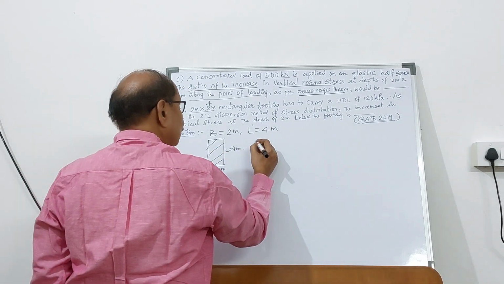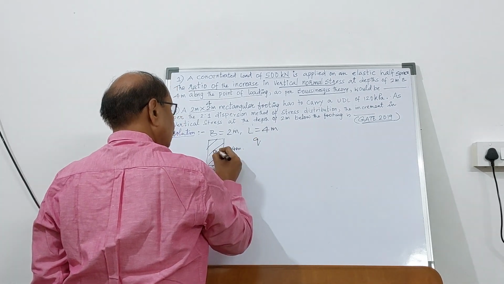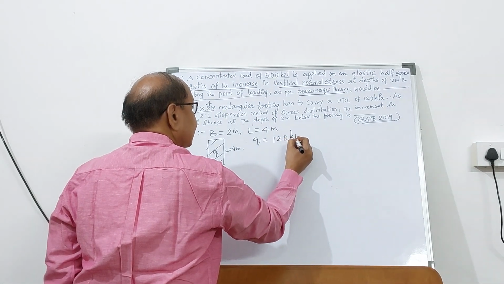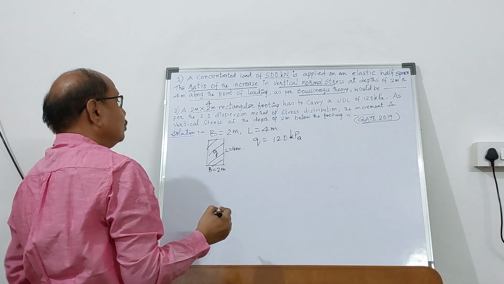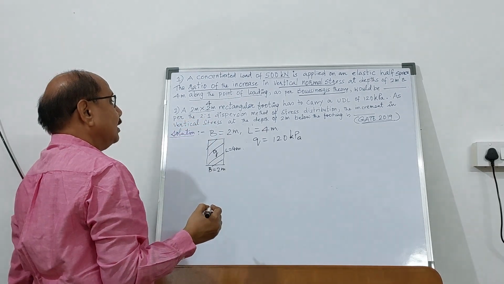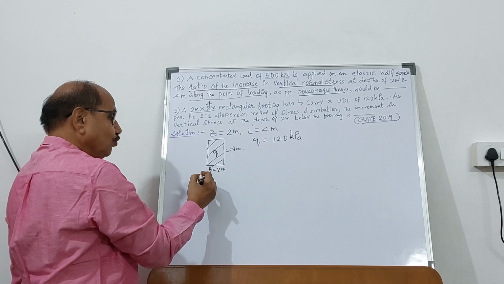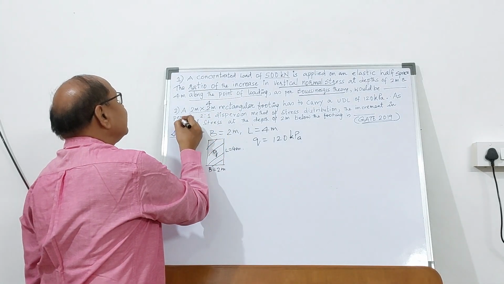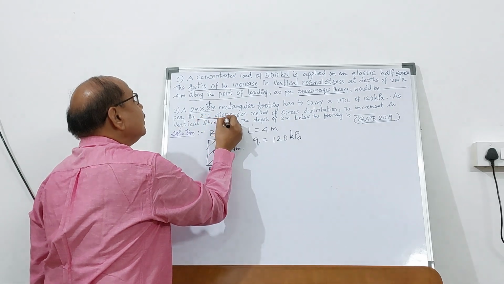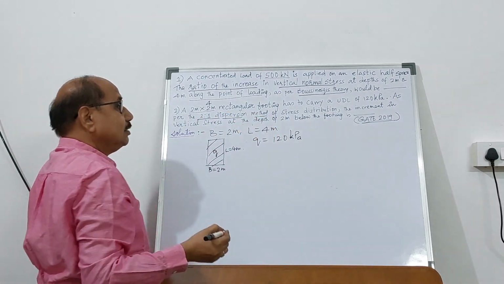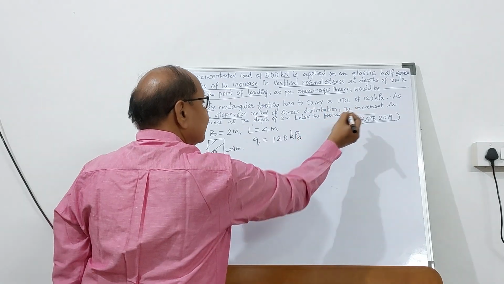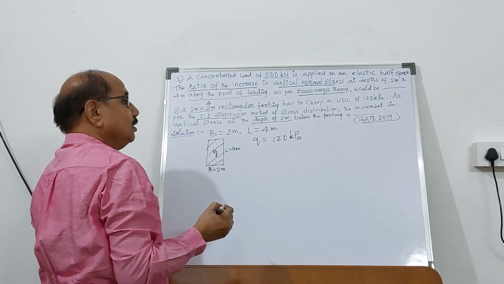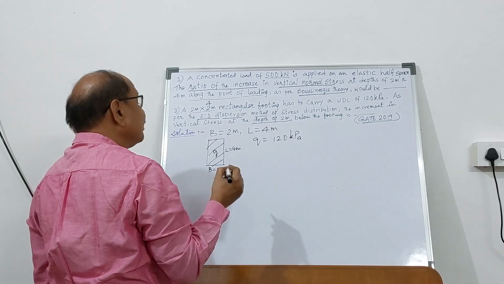And the UDL Q is given to us as 120 kilopascal. So as per 2:1, this is the top view. So as per approximate method or as per 2:1 dispersion method of a stress distribution, the increment in vertical stress at a depth of 2 meter below the footing is to be calculated.